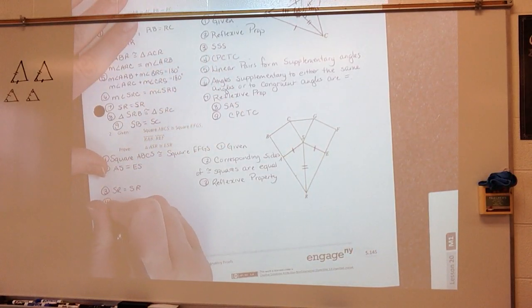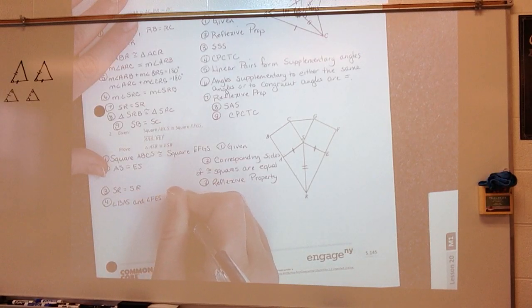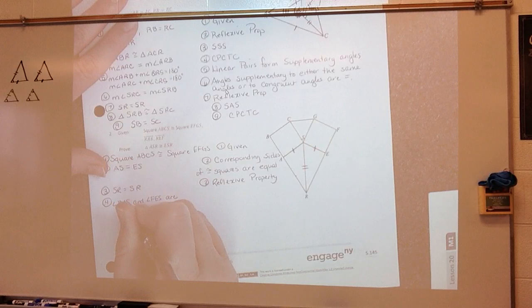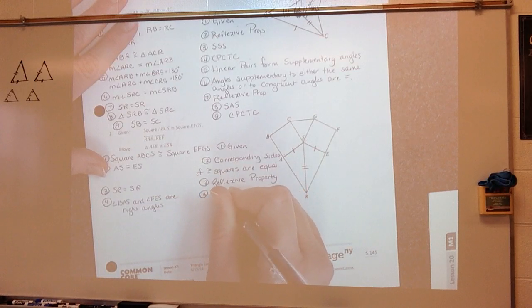So because it is a square, I know that angle BAS and angle FES are right angles. Alright, and that's just the definition of a square.